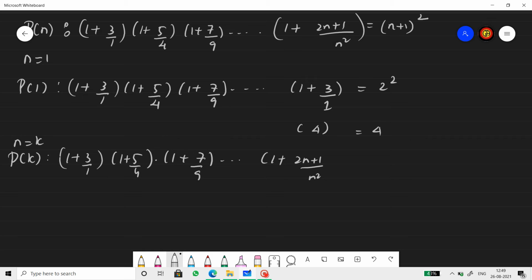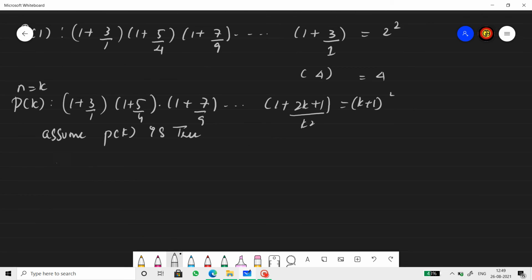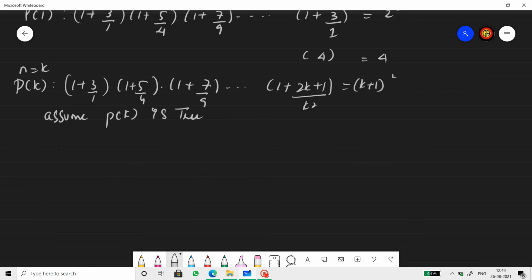Sorry, n is k, so put k: (1 + (2k+1)/k²) equals (k+1)². Assume P(k) is true, and this will be the inductive step for P(k+1). So I'll substitute this to prove k+1.